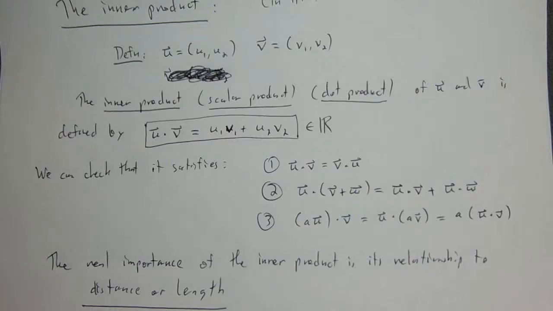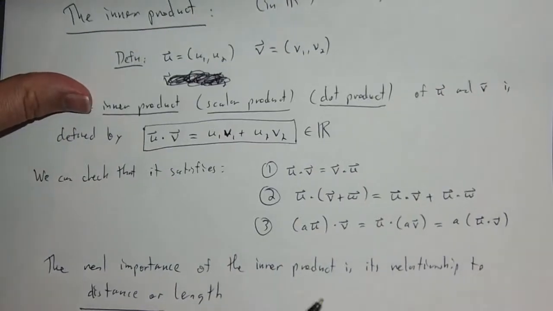That is the one that respects, say, the Pythagorean theorem, and things like interior angle sums being pi. So what is the relationship between the inner product and distance or length?